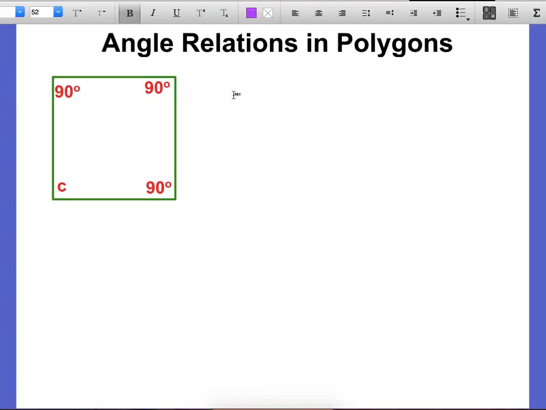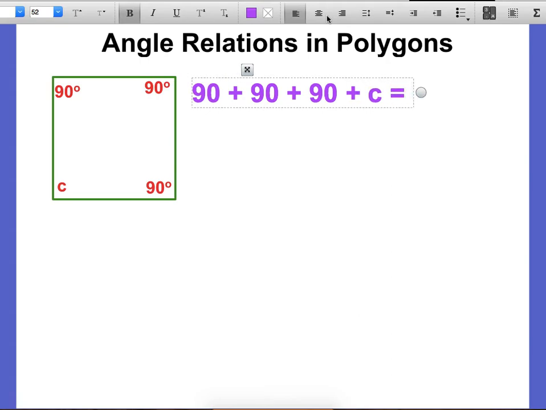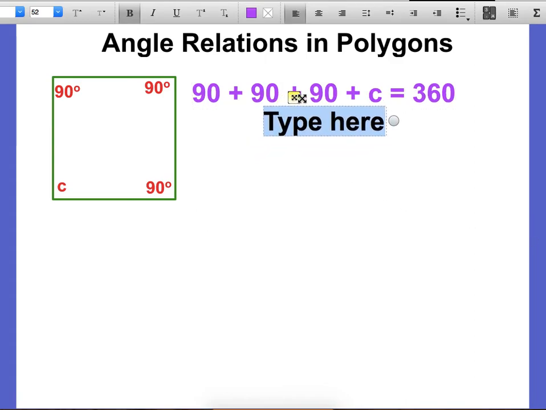All right, one more. We'll look at this quadrilateral, and we'll add up our angles, 90 plus 90 plus 90 plus C. Since it's a quadrilateral, 4 sides, 360 degrees is the total angle measure. Add those all up, so 90 plus 90 is 180, plus 90 is 270.